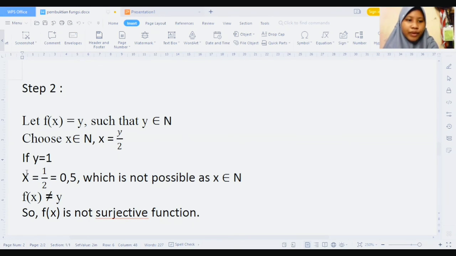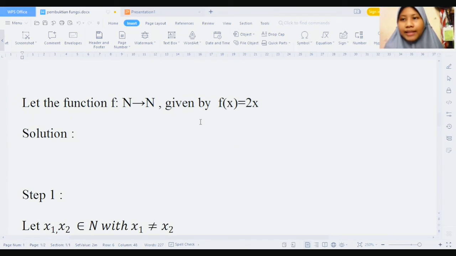Then we substitute: x is equal to 1 divided by 2, which is equal to 0.5, which is not possible as x element of N. So f(x) is not equal to y. So f(x) is not a surjective function. So we can conclude that f(x) equal to 2x is one-to-one but not onto N.